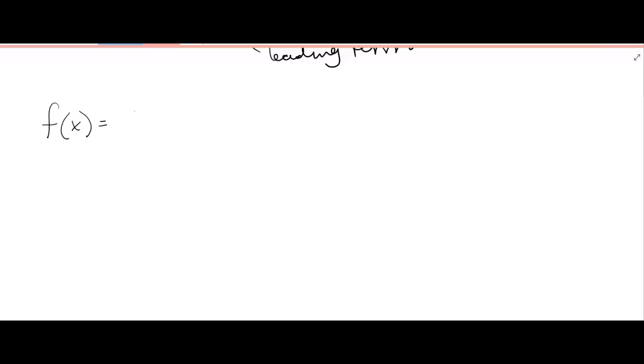Let's say you have f of x equals 3x squared plus 1 over x minus 7. And let's have g of x equaling the square root of x plus 2. We've had functions like this before, right?